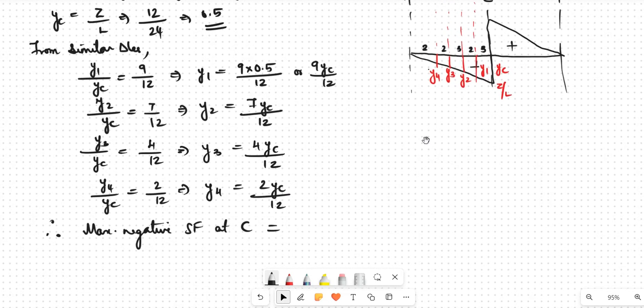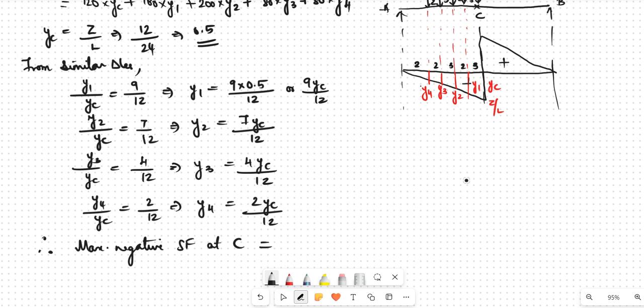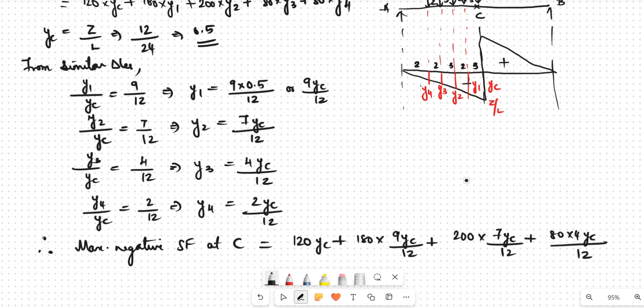So 120 into yc plus 180 into y1, which is 9 yc by 12, plus 200 into y2, which is 7 yc by 12, plus 80 into y3, so 80 into 4 yc by 12, plus the last 80 into 2 yc by 12.